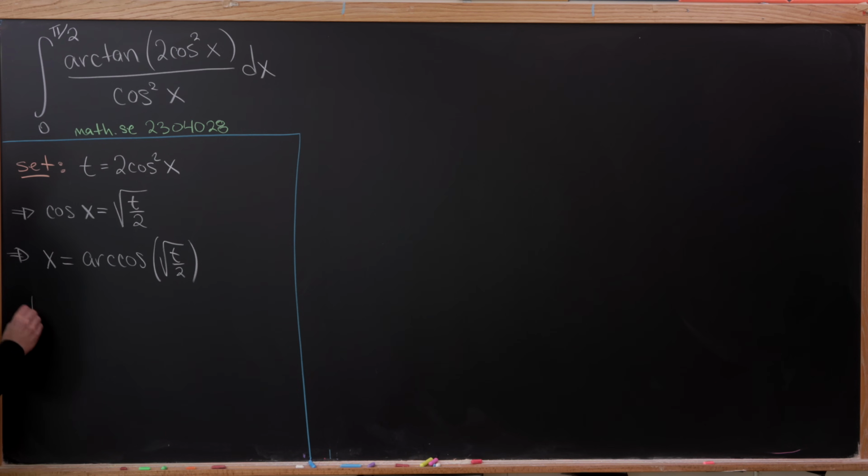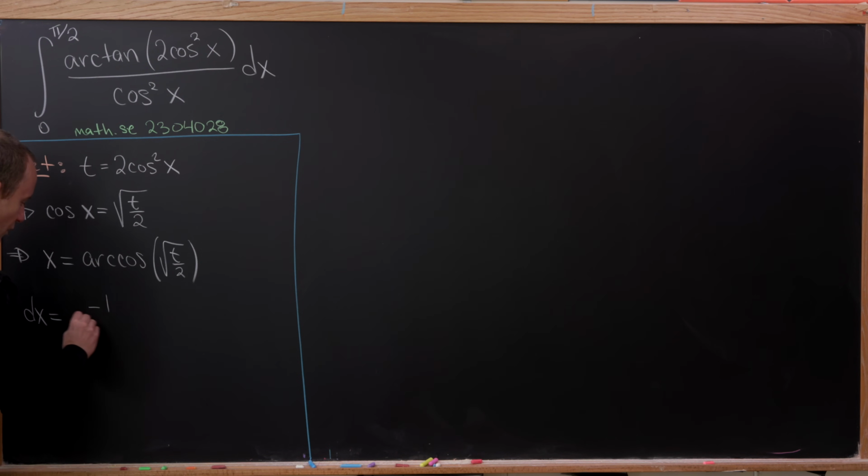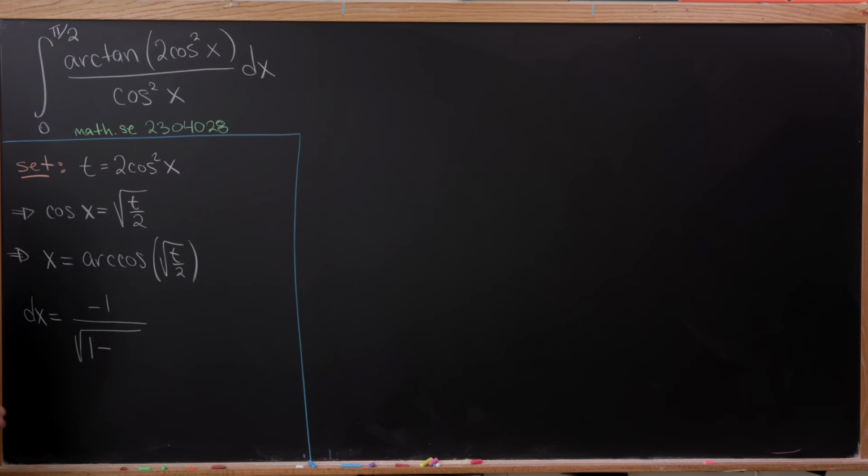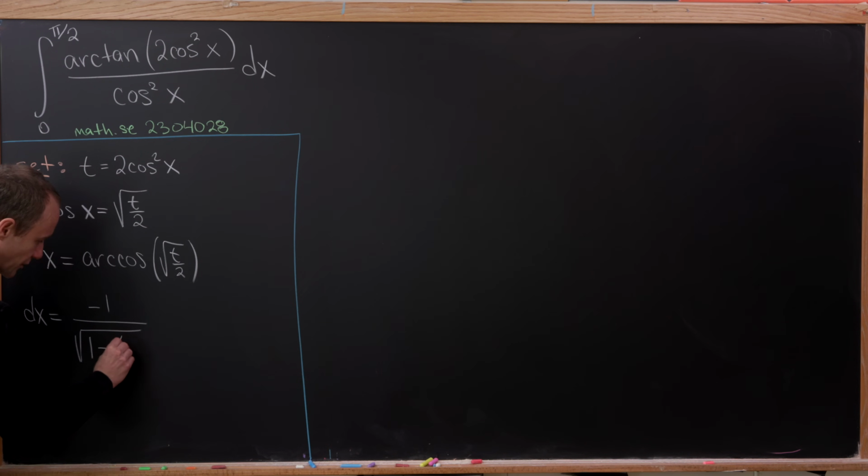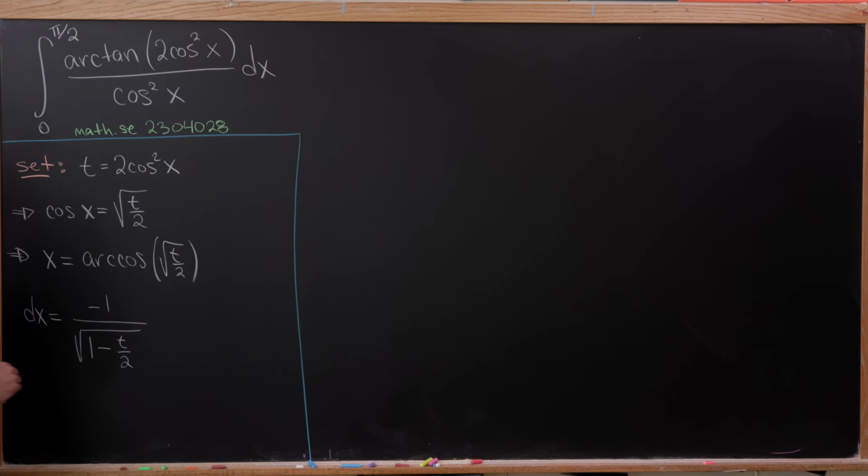And now we can differentiate, just being careful about the chain rule. The derivative of the inverse cosine is -1 over the square root of 1 minus the argument squared. But the argument squared here will be t over 2.